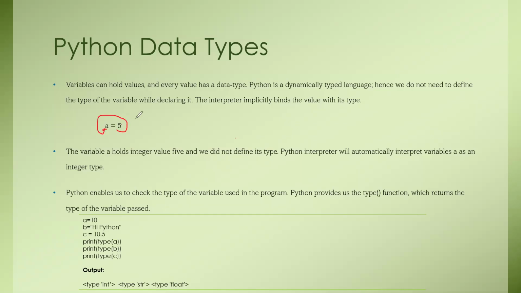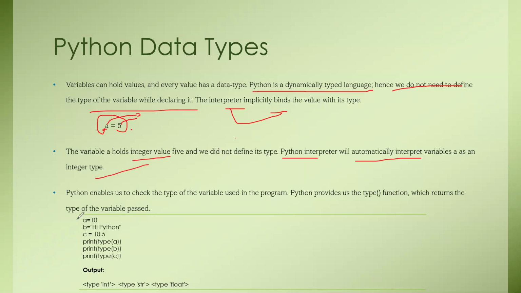Depending upon this value, the data type of this variable will be defined. Python is a dynamically typed language. Hence, we do not need to define the type of a variable while declaring it. The interpreter implicitly binds the value with its type. So the variable a holds the integer value five, and we don't need to define its type while declaring it, because the Python interpreter will automatically interpret the variable a as an integer data type.